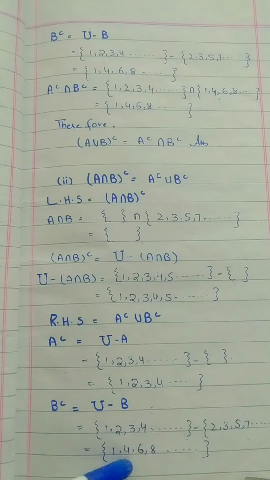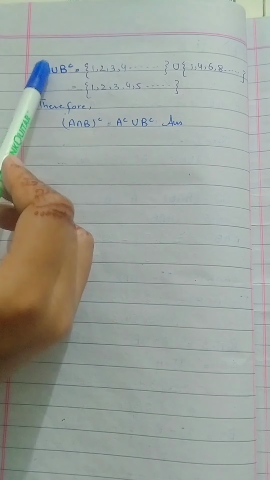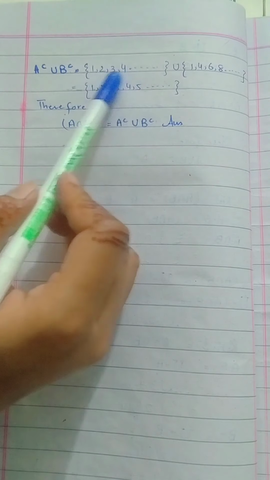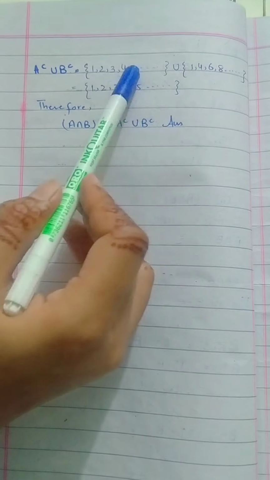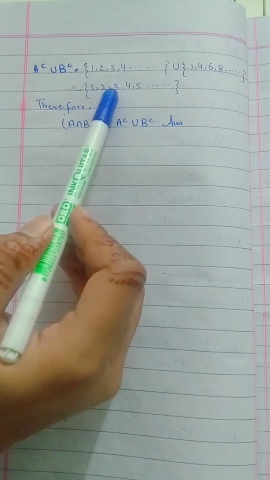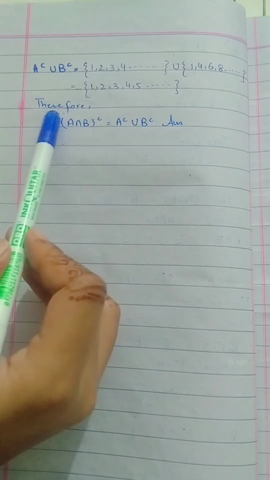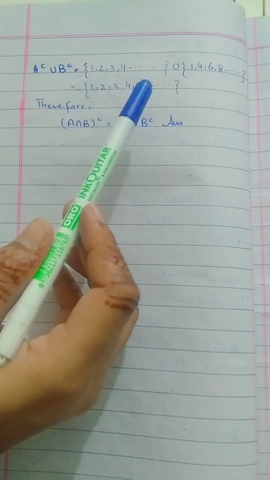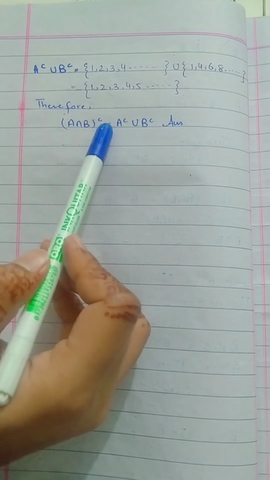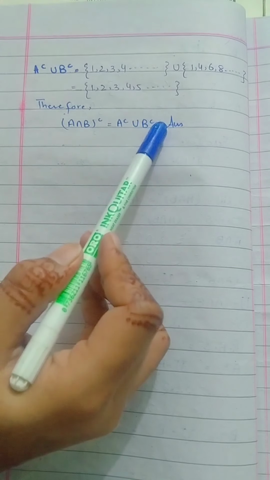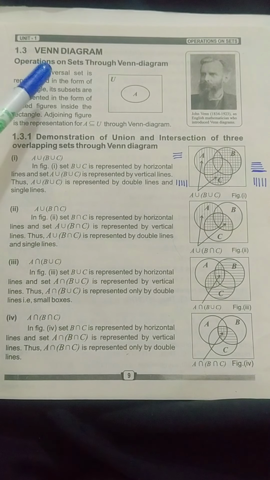And the answer is 1, 4, 6, which are the complement of B. A complement union B complement equals the answer of A complement union the answer of B complement. And the union of both complements is 1, 2, 3, 4, 5 and so on. Therefore, the answer of the left hand side and right hand side are equal: A intersection B complement equals A complement union B complement.